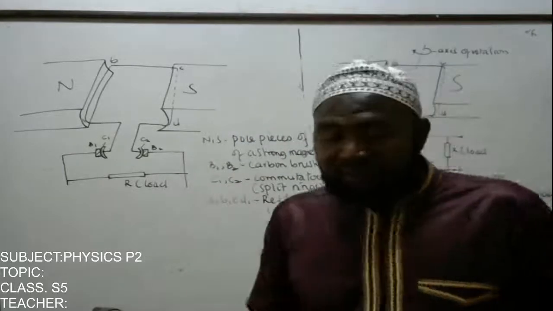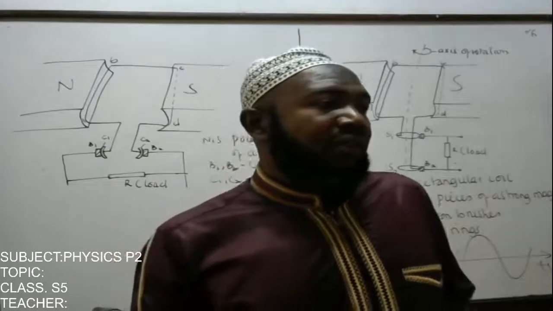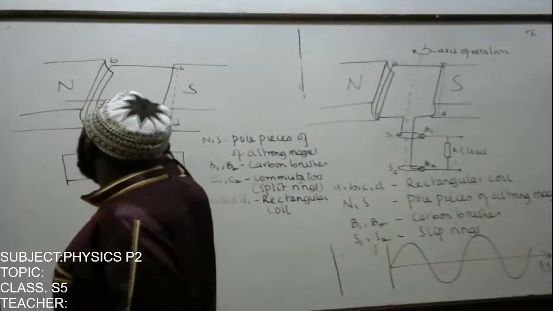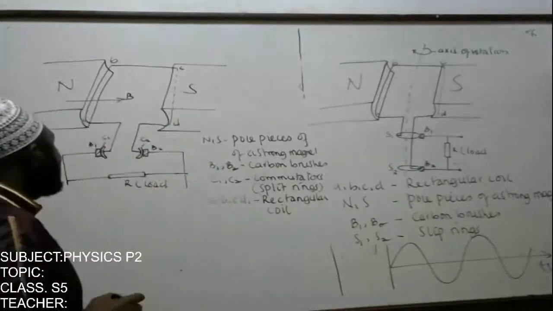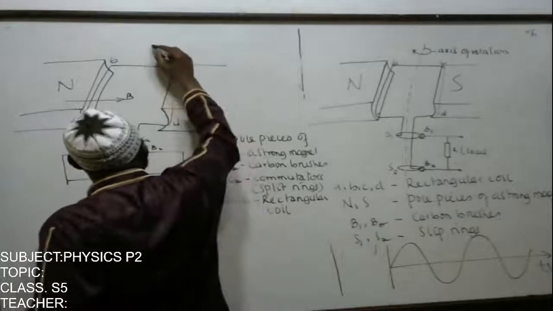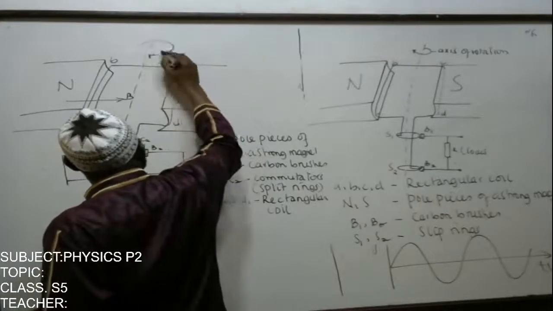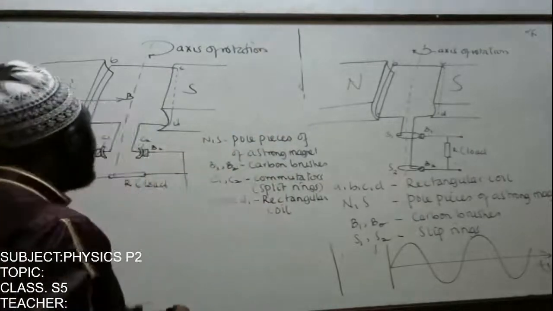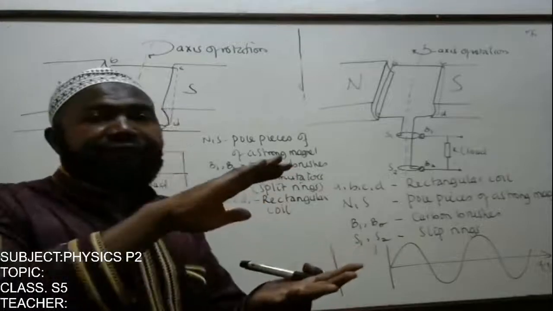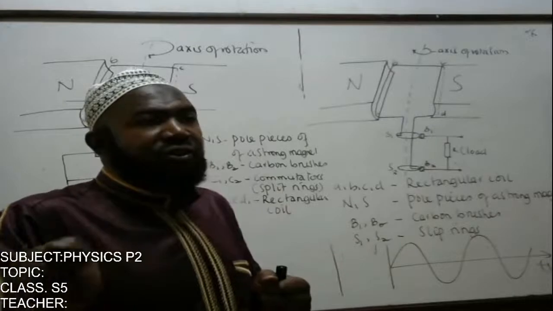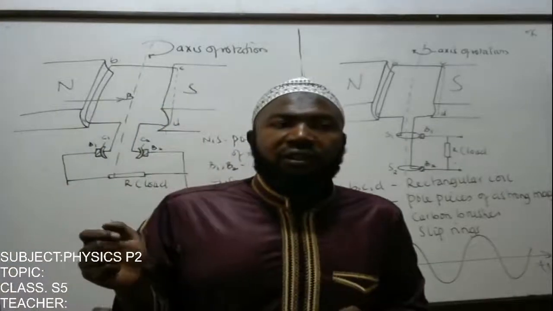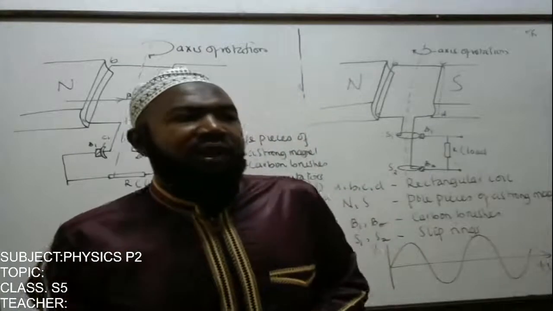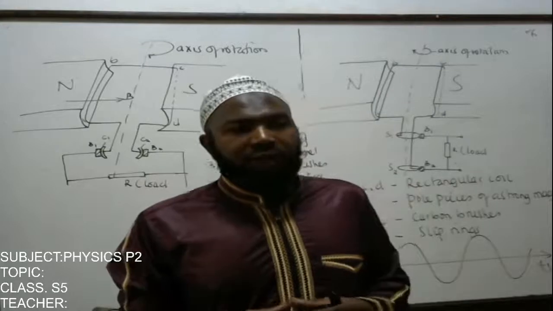We are going to say that we have a magnetic field moving from north to south, and therefore when you make the coil rotate in the direction shown, that is the axis of rotation, the coil cuts the magnetic field. So when the coil is rotated mechanically with a uniform angular velocity to cut a uniform magnetic field, the flux linking the coil changes and an EMF is induced. And the resulting current is led away via carbon brushes B1 and B2 to the load.